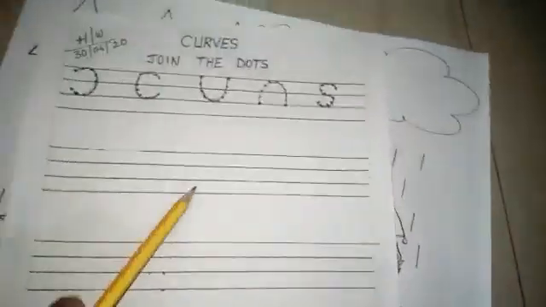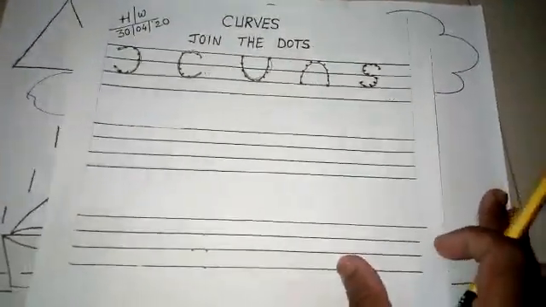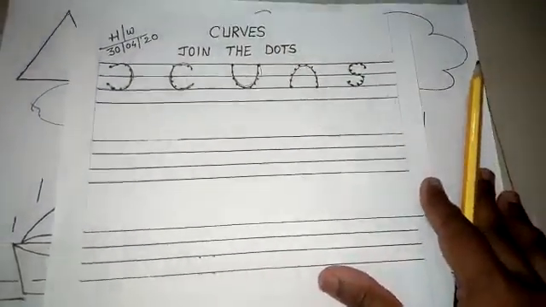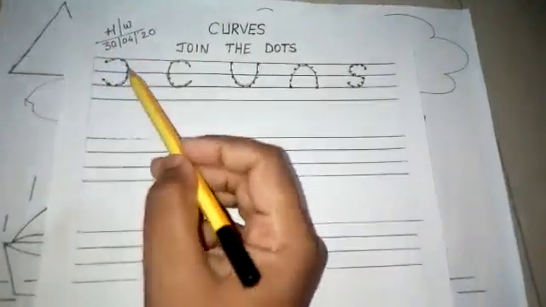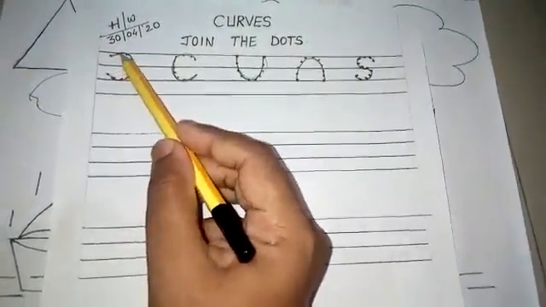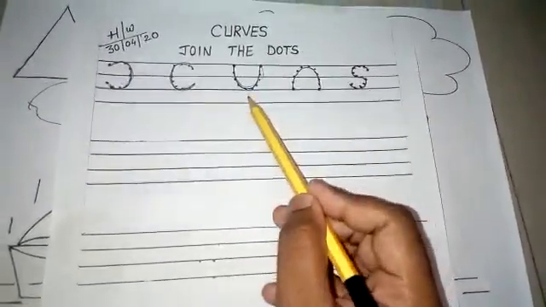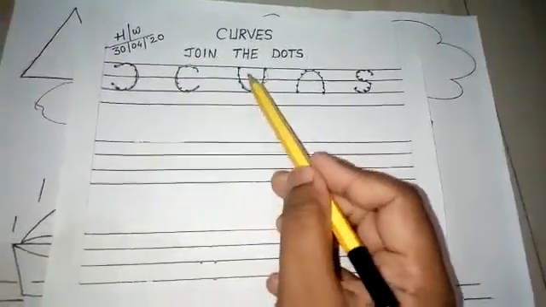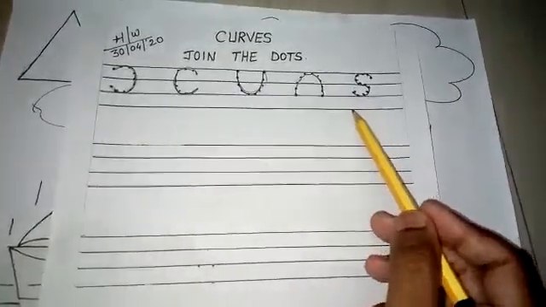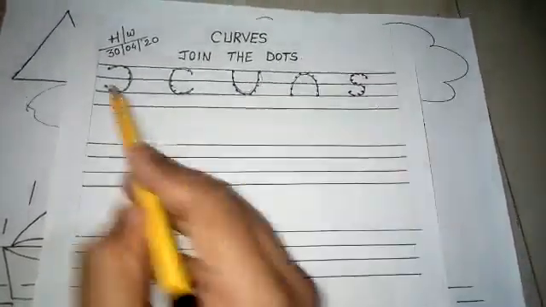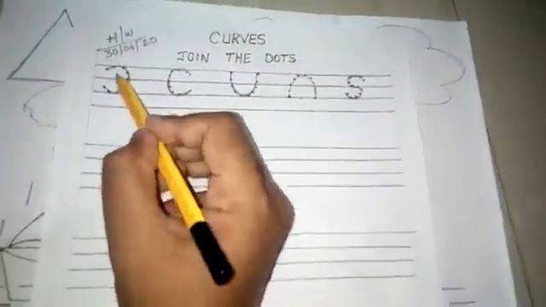So now here is one worksheet for you. Look here. What you have to do here? Here there are different dots and you have to join every dot and make a different curve. See here.